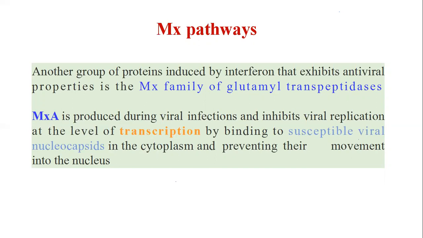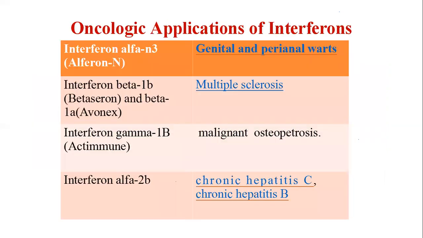So they are not allowing the genetic material into the host cell nucleus. By inhibiting this step, they prevent viral DNA or RNA transcription, and also inhibit the formation of nucleocapsid.